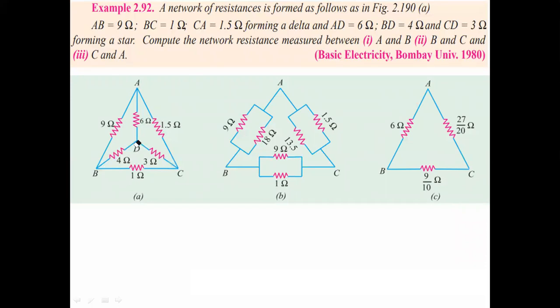Now we can convert this star network into the equivalent delta network. So this is the star network, and its equivalent delta network is obtained as this one.